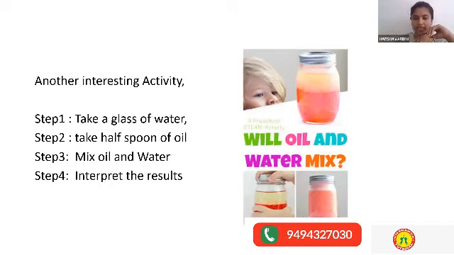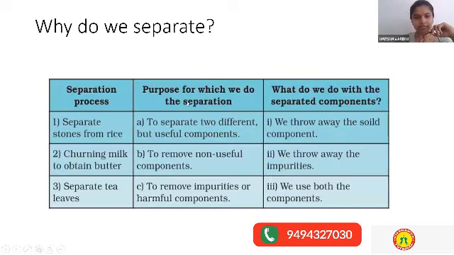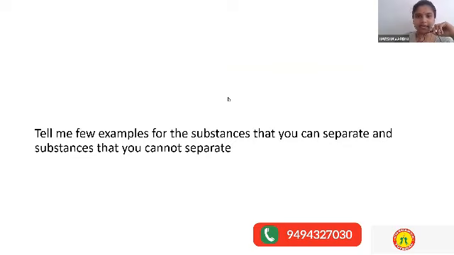Are you having any doubt till now? No, ma'am. You can ask me doubts, all right, if you have. No. So now, you gave me the examples of separations, but I encourage you to find more examples. Tell me a few more examples when you come for the next class.